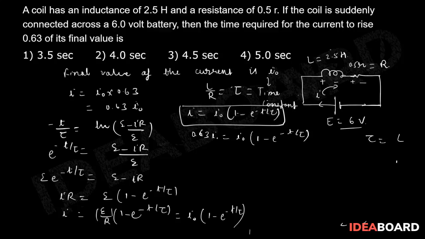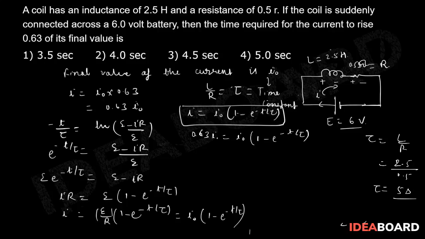Tau we defined as L by R, so the value of L is 2.5 Henry divided by 0.5 ohm, which will be 5, so tau is 5 seconds.